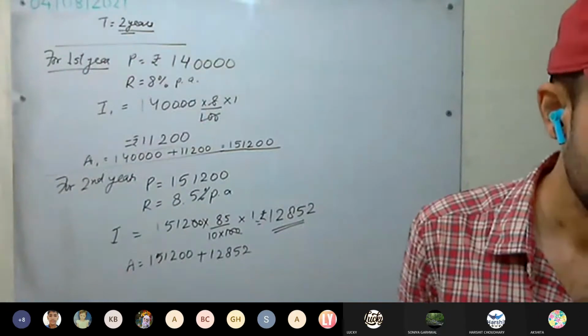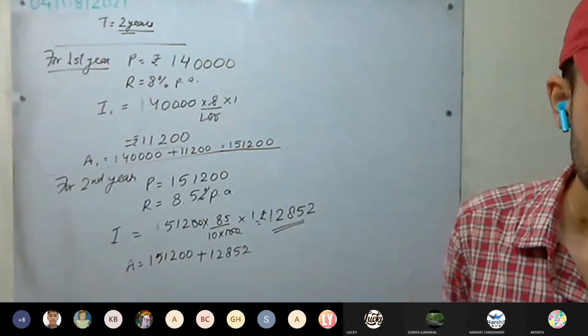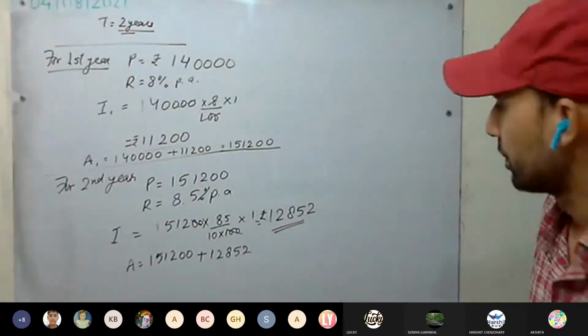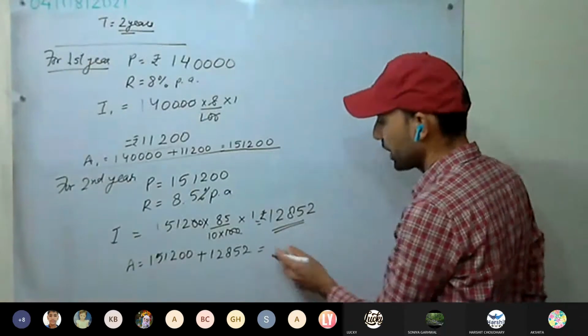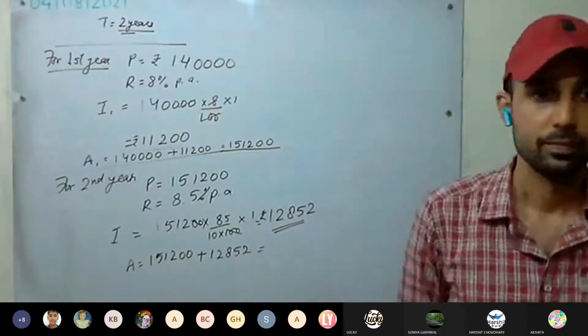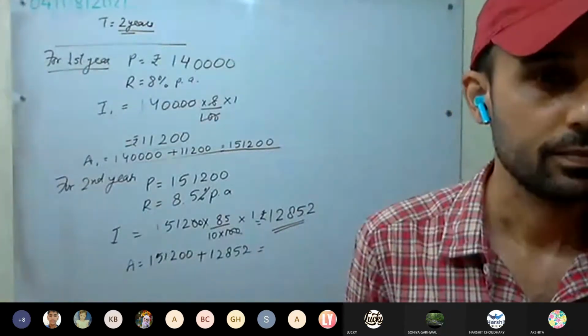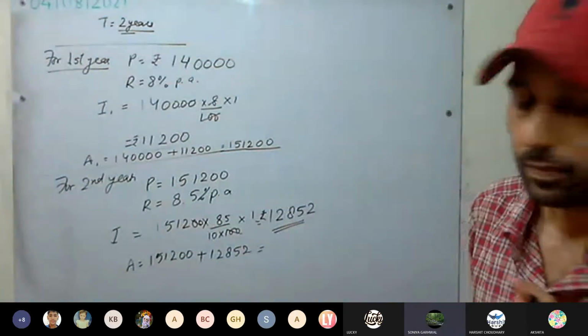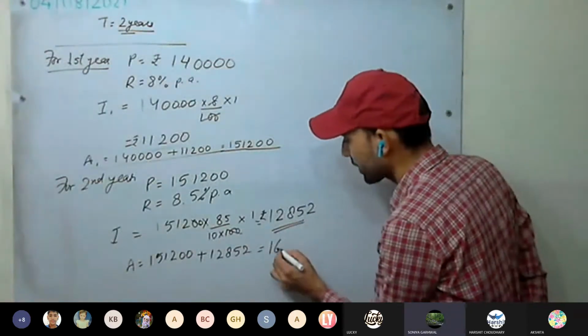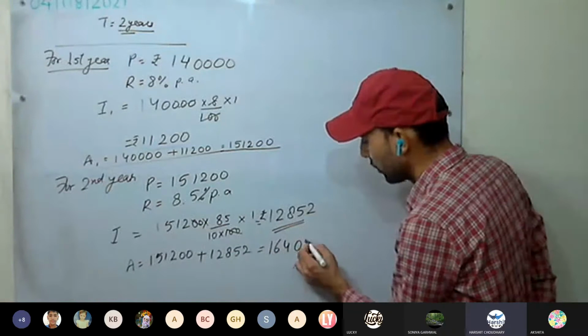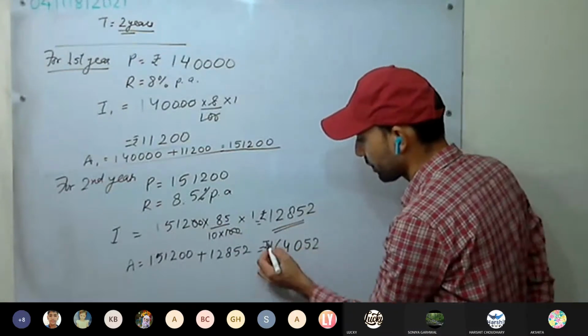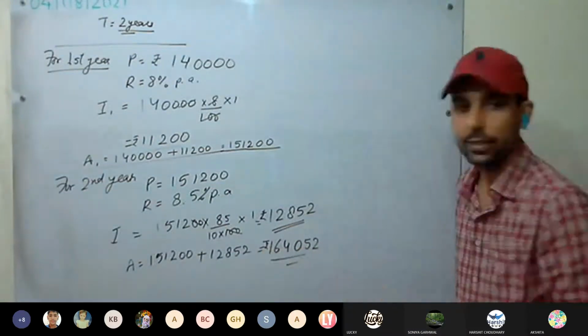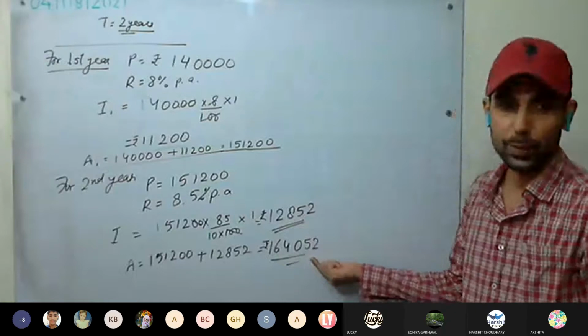How much are you getting? 1,64,052 rupees. So this is the amount that that person has to pay.